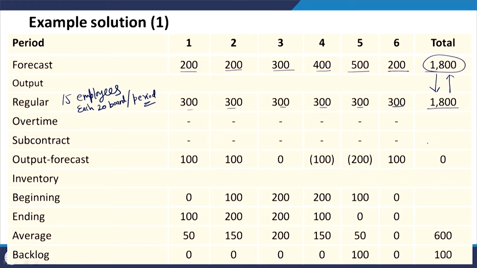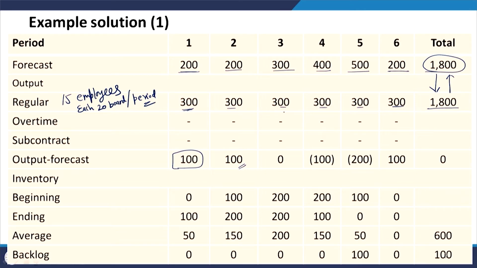Now, your output is 300 units, the forecast was 200 units. So, you have 100 units left with you in this period. Here again the regular output is 300 units and the forecast was 200 units. So, you have 100 units left with you.